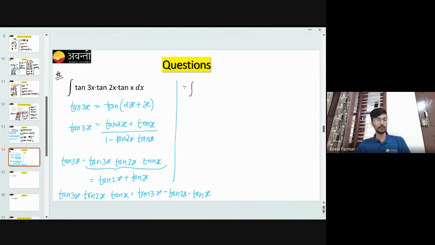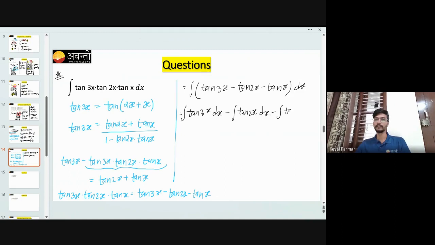It's tan 3x into tan 2x into tan x. I can now write it as integration of (tan 3x minus tan 2x minus tan x) dx. And by using the addition subtraction rule, I can easily write it as integration of tan 3x dx minus integration of tan 2x dx minus integration of tan x dx.